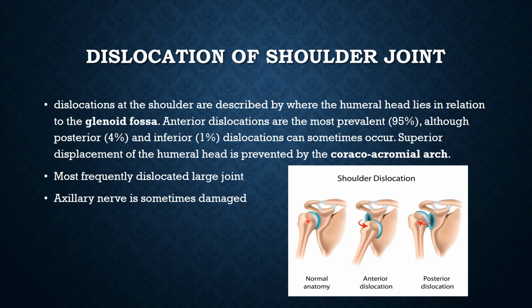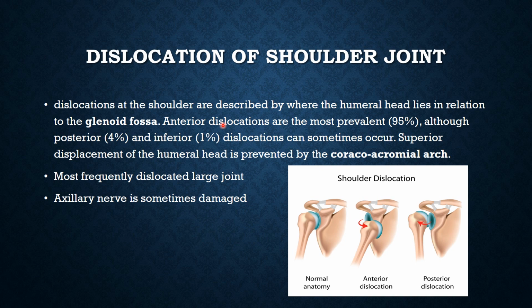In the dislocation of the shoulder joint, the anterior dislocation is most common and most prevalent. And I hope that you have heard from your friends and relatives that someone's shoulder has been anteriorly dislocated. It is very common, right? The posterior dislocation and inferior dislocation, in comparison, occur sometimes and are relatively less common, right?